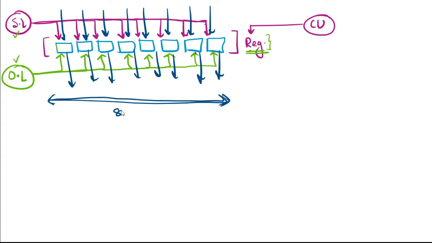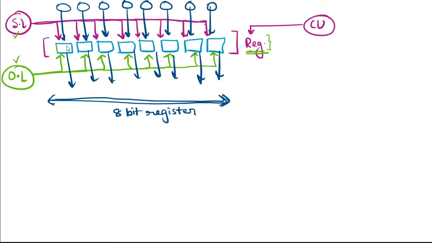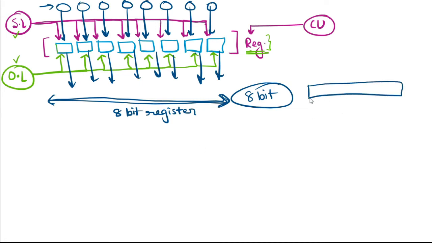That means 8 input lines will be there, and each input line will provide one input to this register. That eventually means the 8-bit register will store 8 bits of information. The input will be 8 bits of information in a binary sequence, something like 1011101111, and this has some meaning to it.